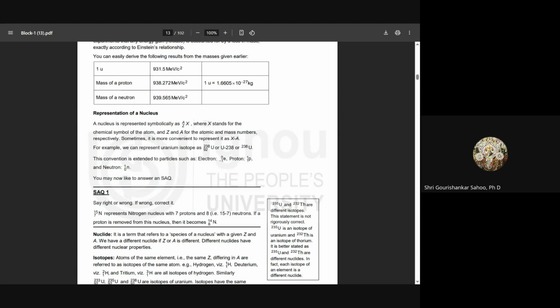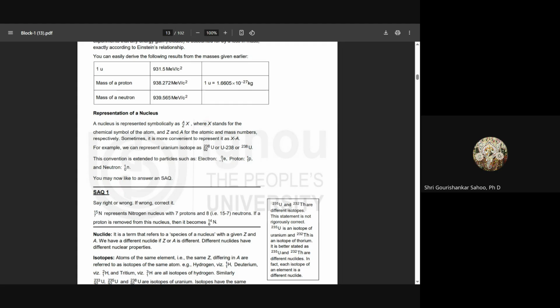So 238 is the atomic mass number of uranium. That means in a normal uranium atom you have 238 nucleons, where protons plus neutrons is equal to 238.